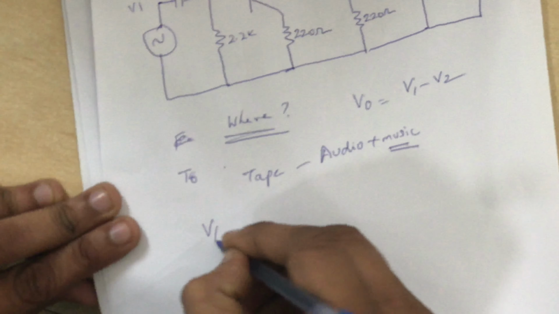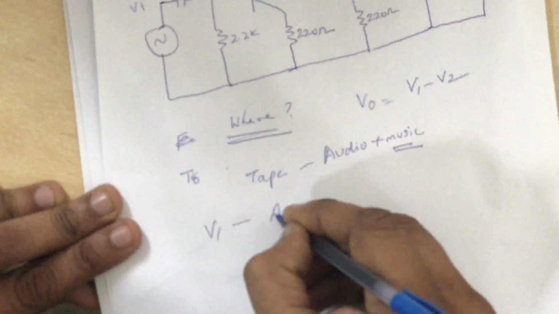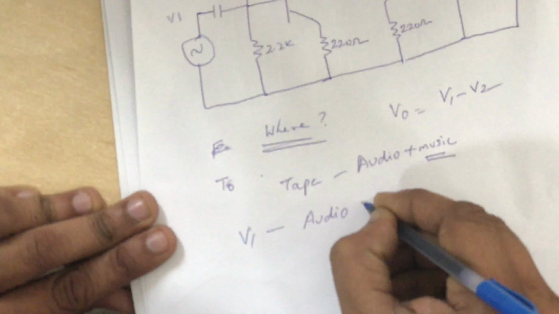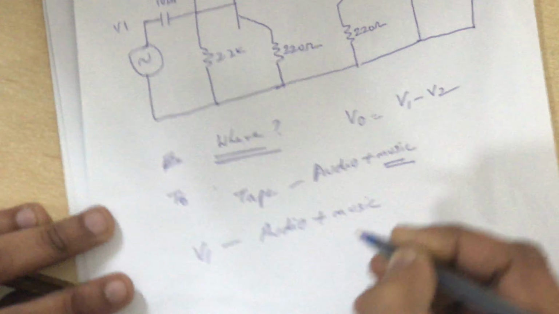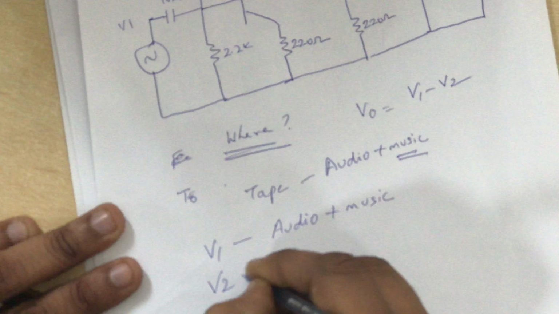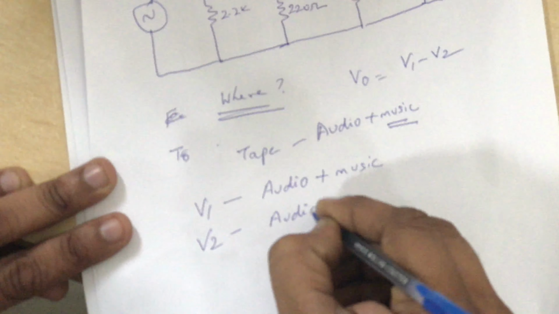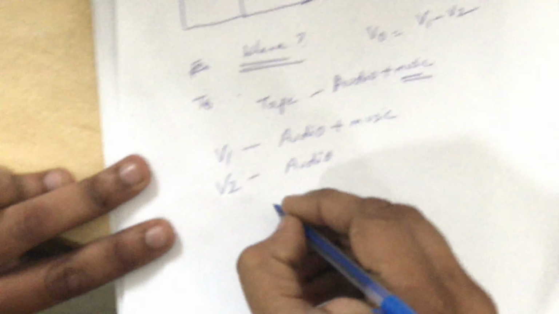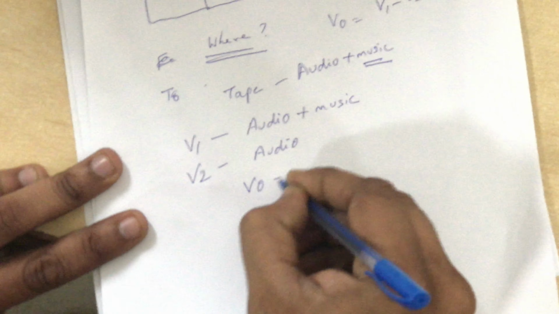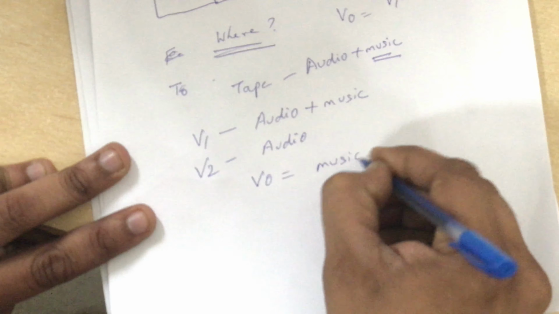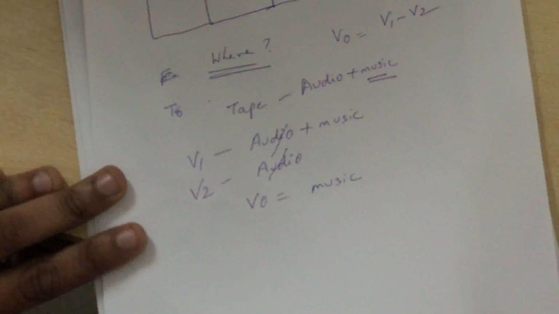In one input, I give the audio, that is the voice of the singer, plus the music, and I give V2 just the audio. Ultimately, I get only the music at the output, because the audio gets cancelled.